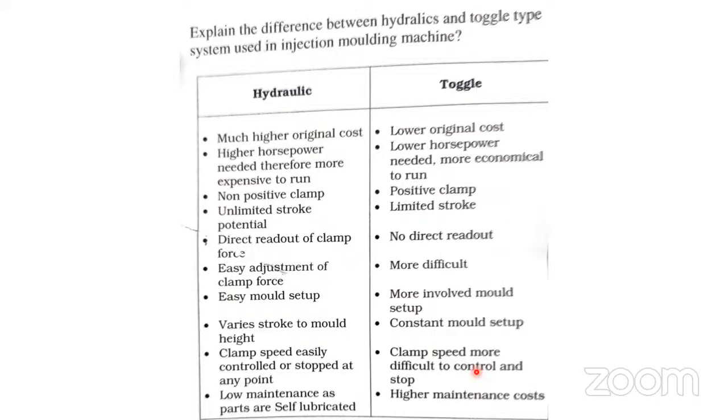When the clamp mold closes, sound will come, when the mold opens, sound will come, because the speed is constant here. Speed is not changing. Here low maintenance as parts are self-lubricated. Here higher maintenance because pivots are there, links are there. Many times a link can break. Anything will happen there, and therefore maintenance cost for the toggle system is high as compared to the hydraulic system.